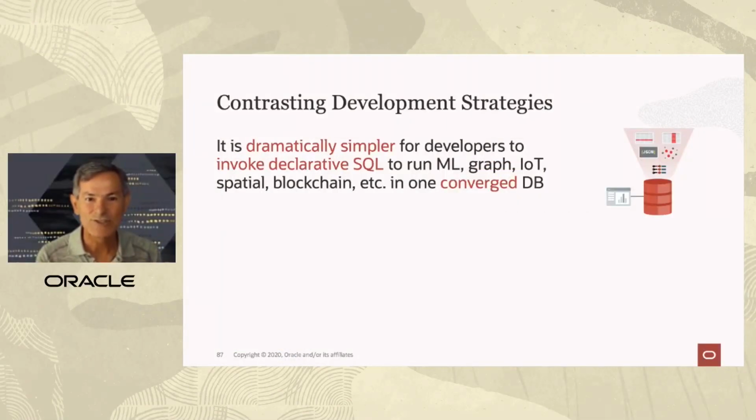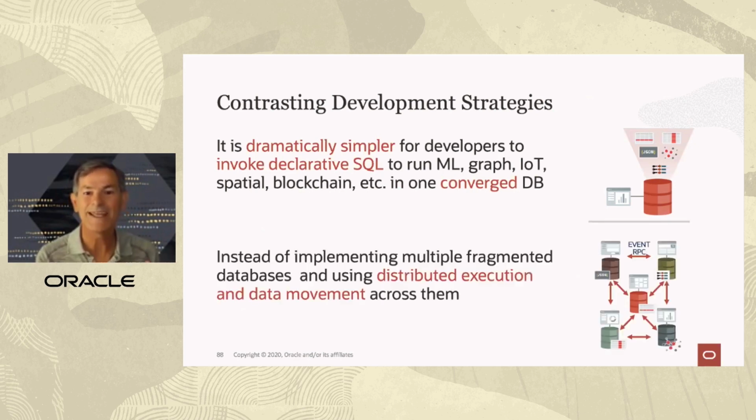It's obviously dramatically simpler for developers to just invoke declarative SQL when they want to run a machine learning algorithm, a graph search, Internet of Things insertions, to run a spatial query, to do blockchain inside one converged database, instead of having to implement multiple fragmented databases and then use distributed execution and data movement across them to accomplish the goals of the application. Obviously, dramatically simpler.